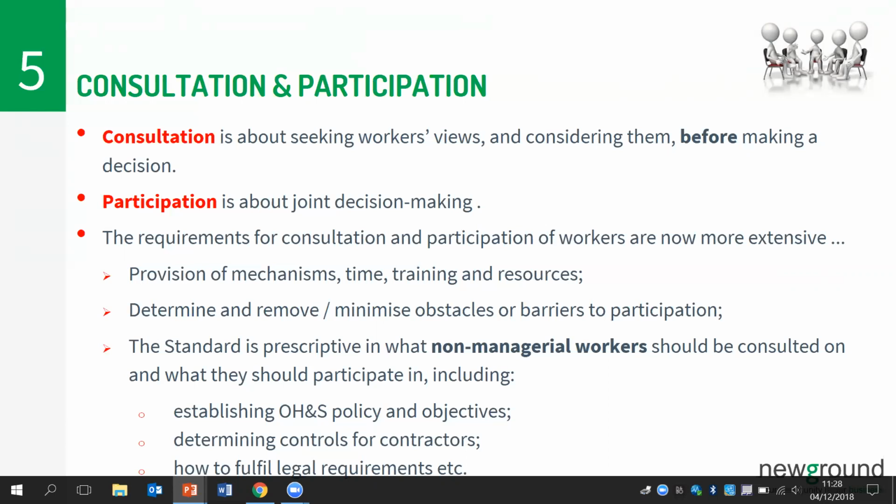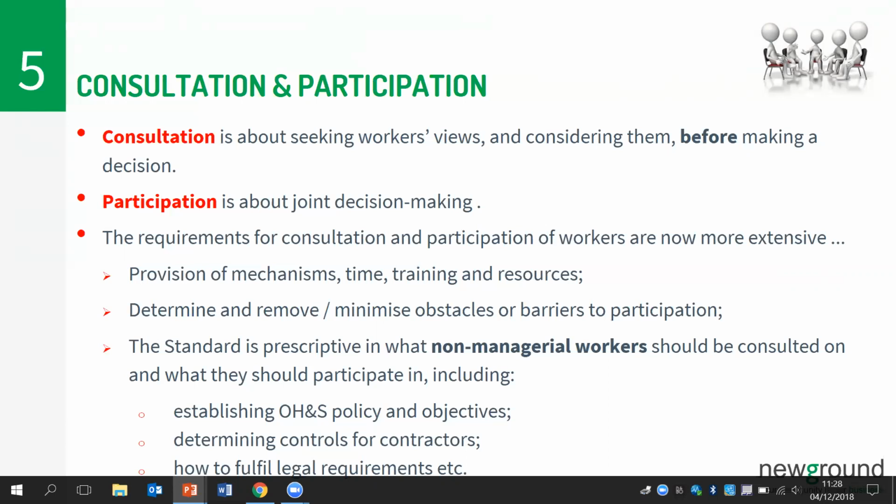A small organisation can include all workers in discussions and decision making, but for larger organisations, it will be much more effective to consult with one or more workers' representatives than attempt to consult with large numbers of workers directly. Other mechanisms for consultation and participation include, for example, focused team meetings or workshops or worker surveys and suggestion schemes.